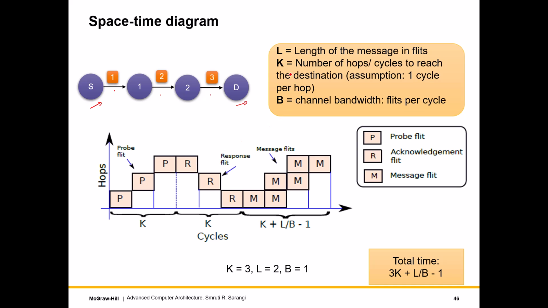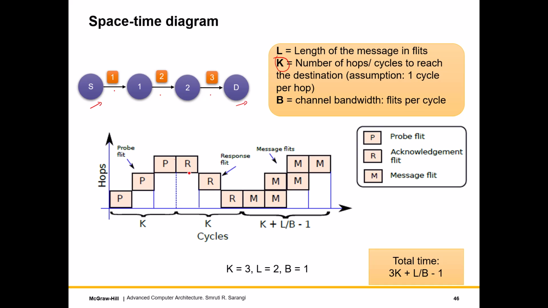And let us assume that there are k hops between the source and destination, and it takes 1 cycle per hop. That is a simplistic assumption to live with. So in this case, the fastest that the probe flit can go is essentially k cycles. So the probe will reach from the source to the destination, 3 hops, 1, 2, 3.